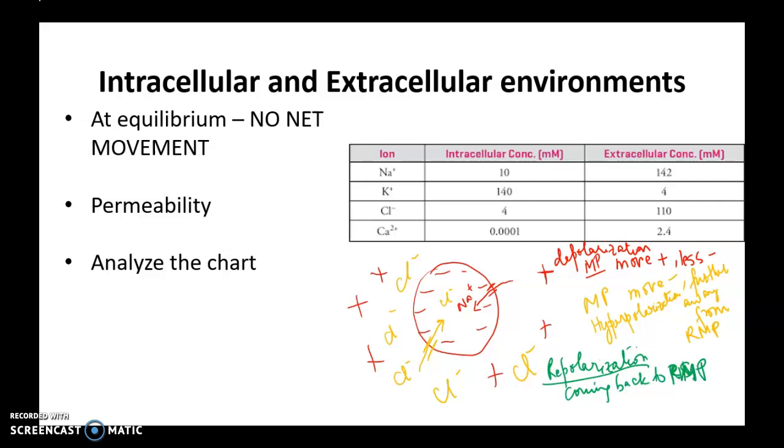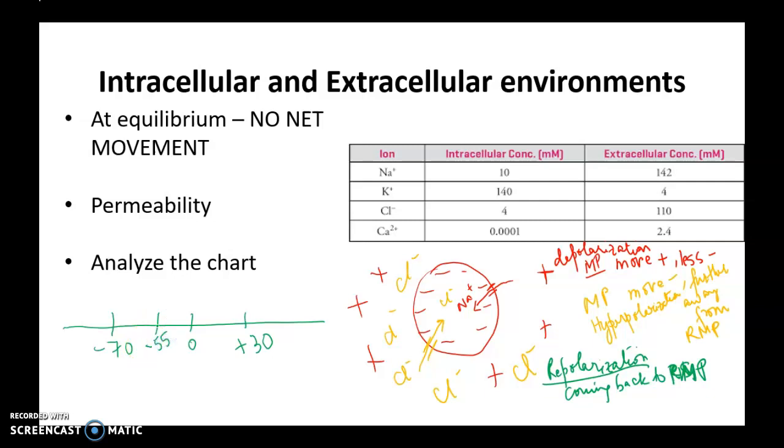Now let's do it with a number line. Let's say we have this number line. We have 0 here. We have negative 70 here. We have positive 30 here, right? And then we have negative 55 here.